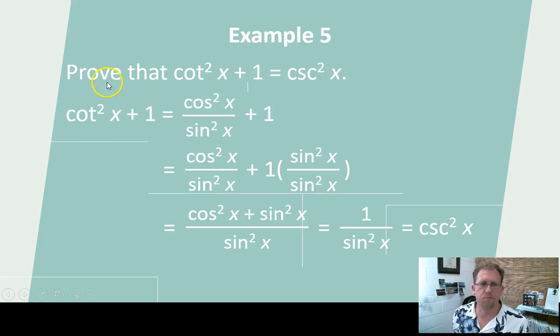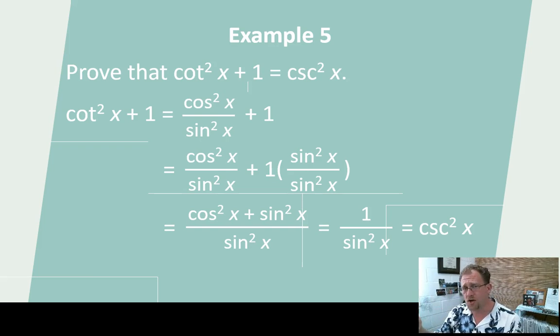Okay, so prove that cotangent squared of x plus 1 equals the cosecant squared of x. Here we go. This one is a little bit challenging. Cotangent squared of x plus 1. What's the cotangent? It's a tangent standing on its head. It's the reciprocal of a tangent.